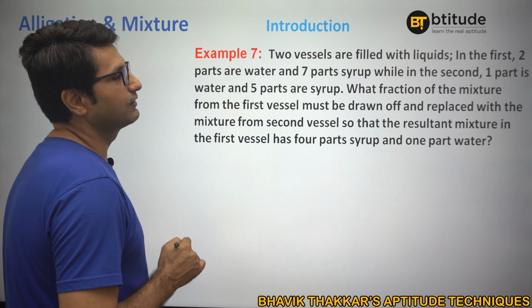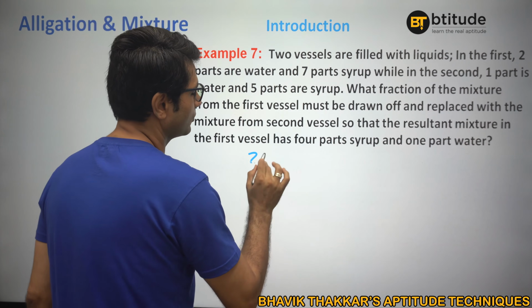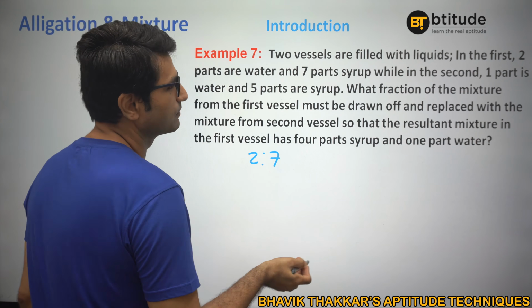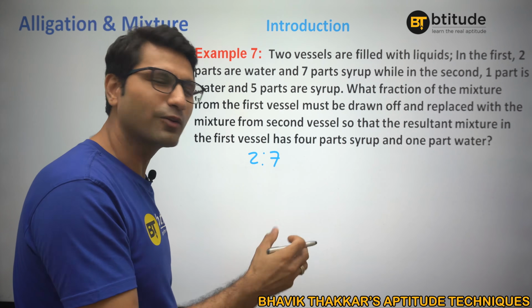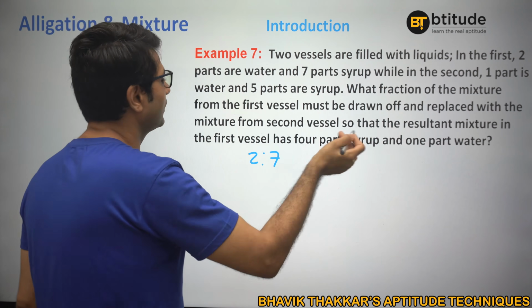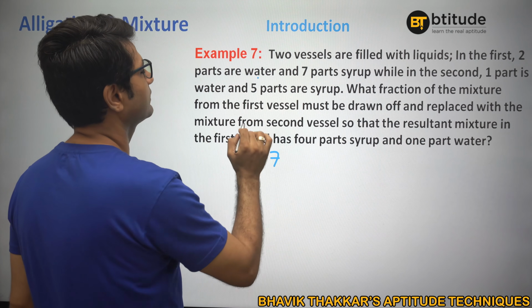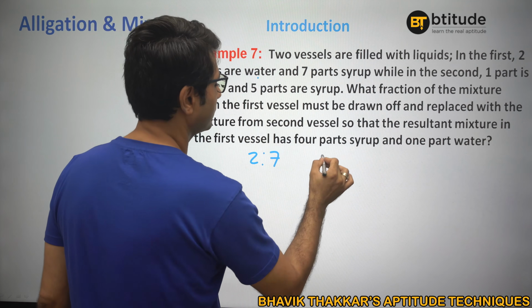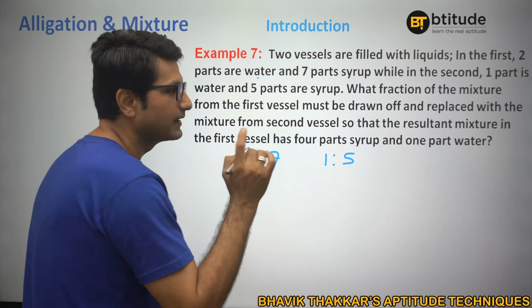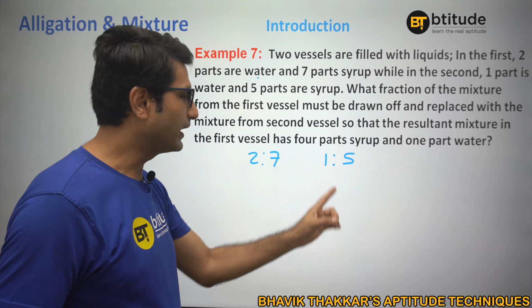2 vessels are filled with liquids in the ratio of 2 parts and 7, so you can say 2:7. Some part is taken out. That means still it would be in the ratio 2:7. And the other is 1:5, but just make sure water is there. Yes, 1 part is water, so 1:5. Now try to understand: what fraction of the mixture in the first vessel must be drawn off and replaced by this?